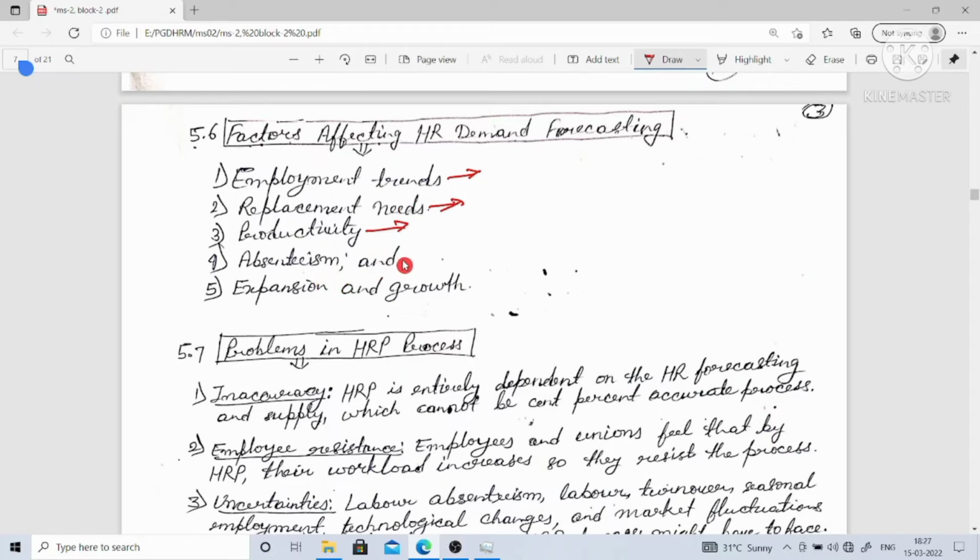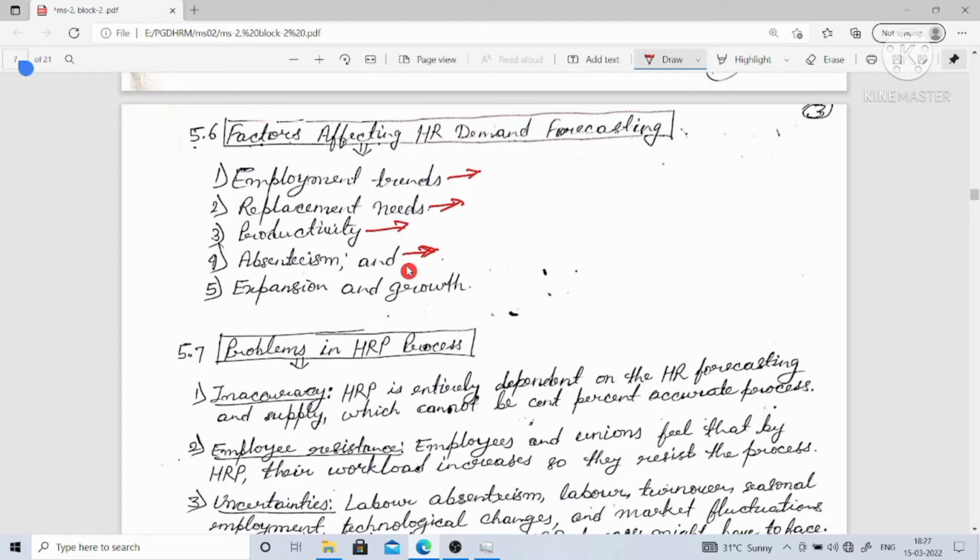Absenteeism. If a great number of people are absent from the job, then more people should be recruited, so that the work left by those absent people can be done by newly recruited employees.